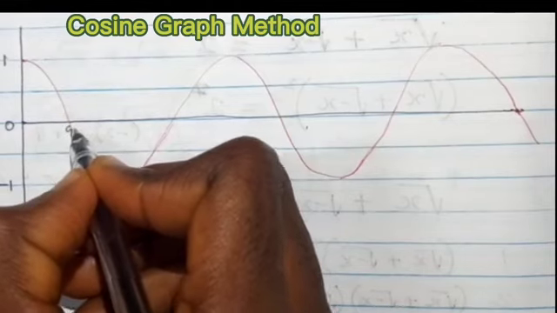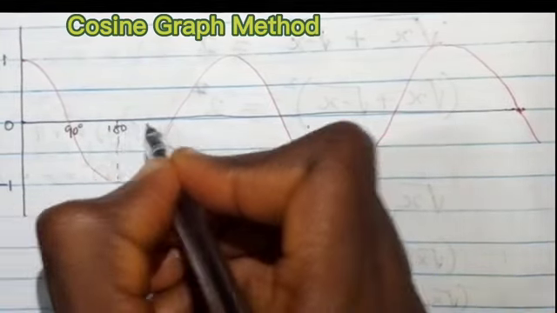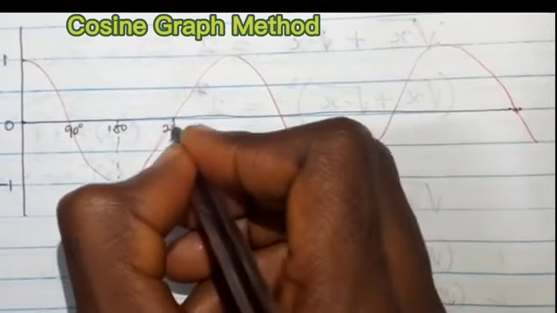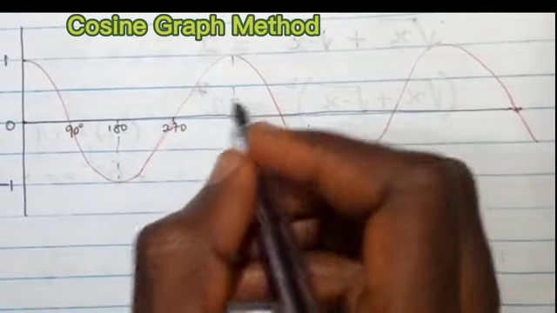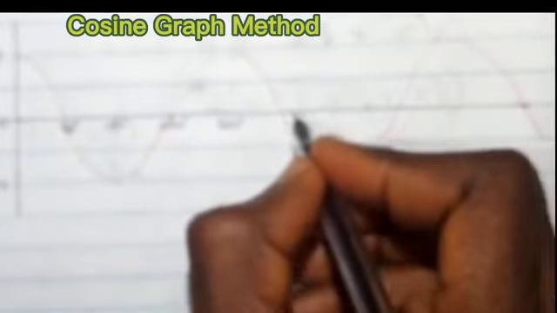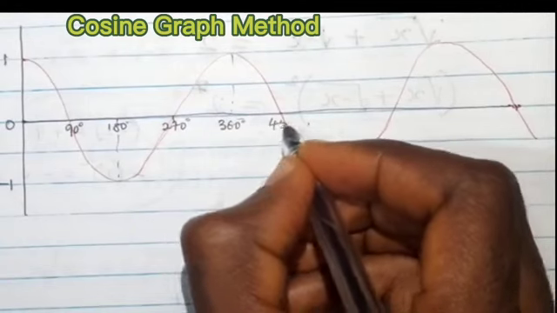For this one, you see the first angle is 90 and the value is 0, and the second one is 180, just like the sine graph, but the value of cos 90 is 0. For the sine graph, it starts from the origin, but the cosine graph starts from the upper amplitude, which is 1. Hope you are getting it.